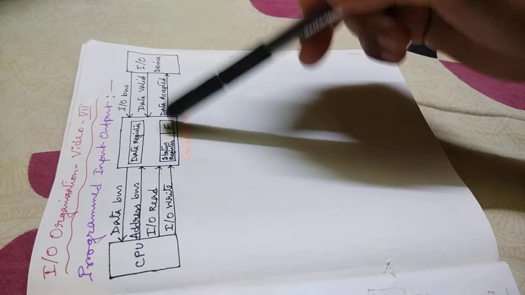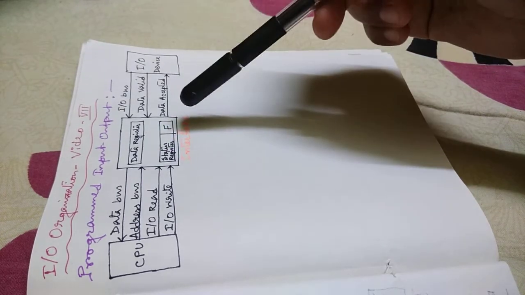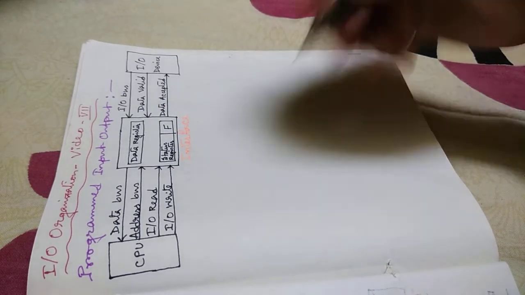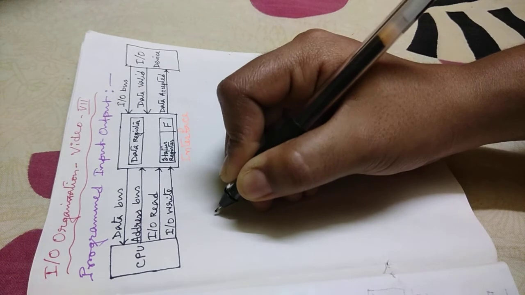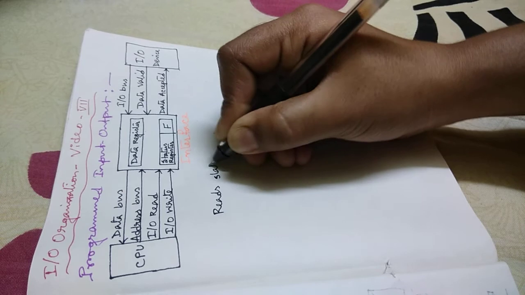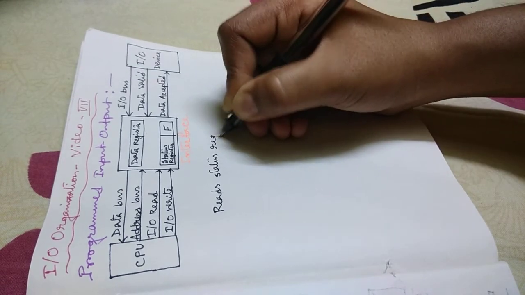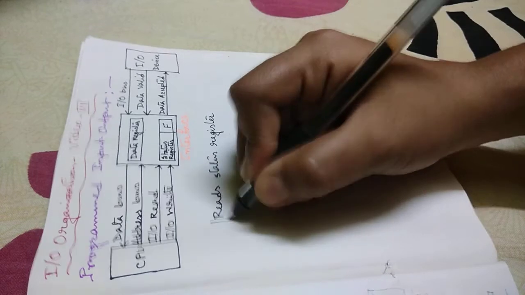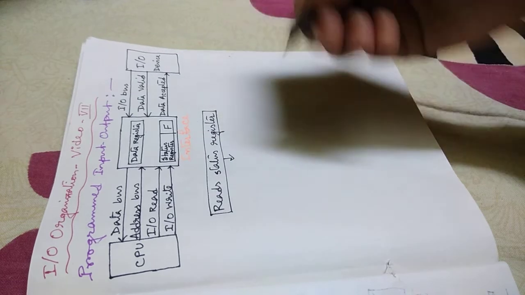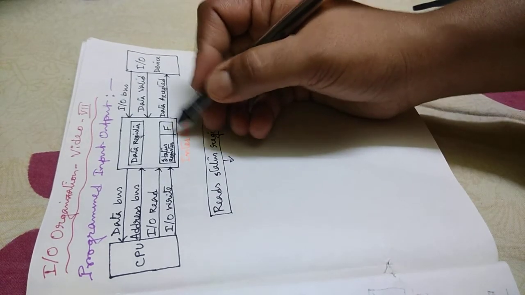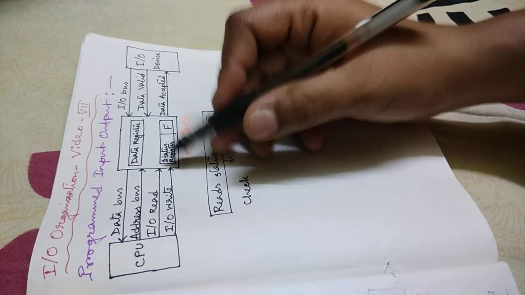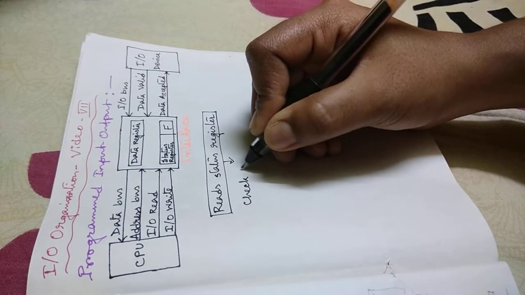What the CPU does with the interface has to be explained via a flowchart. See how to do it. The CPU reads the status register. Next, what? It checks the flag bit in the status register. So we can write it as check flag bit.